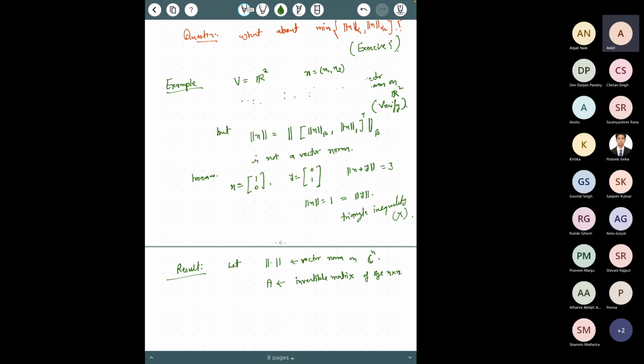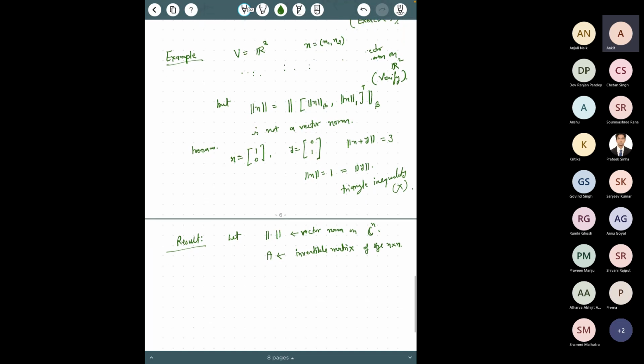Now based on this invertible matrix, you define a function from Cn to R. Sorry, the vector space is Cn here.